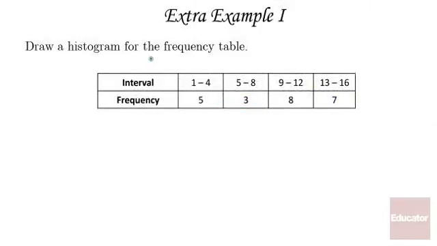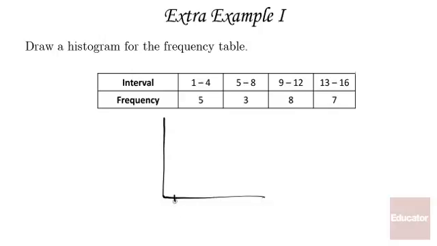Okay, so then the first example, we're going to draw a histogram for the frequency table. So here it gives us the intervals and the frequency. So all we have to do is draw the histogram. Remember that the horizontal part of it, we're going to create the intervals.